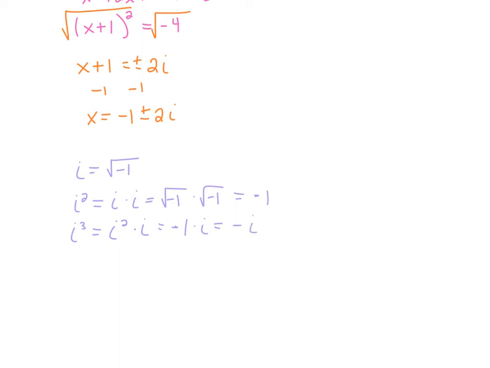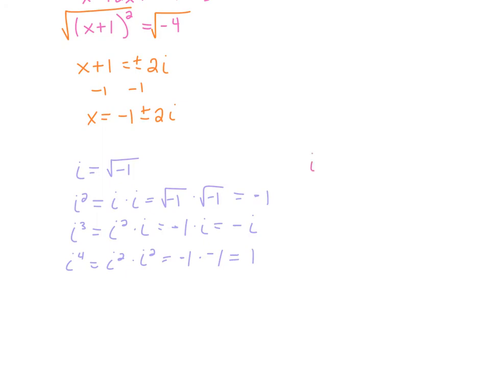And the final one we have is i to the 4th, which is i squared times i squared, which is -1 times -1, which equals 1.